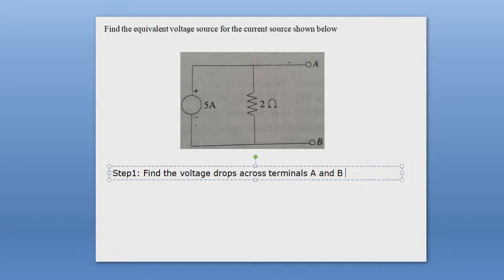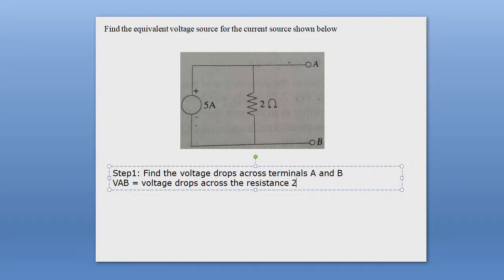So the voltage drop VAB is equal to the voltage drop across the 2 ohm resistance.